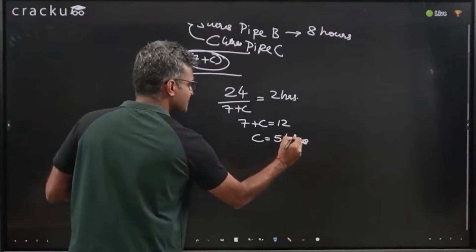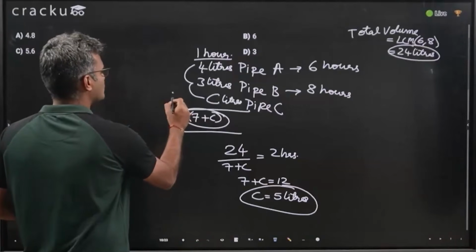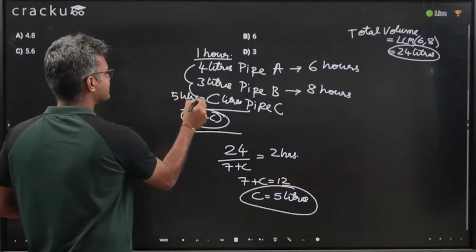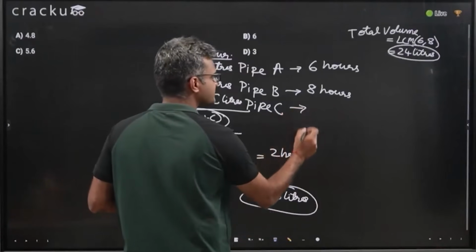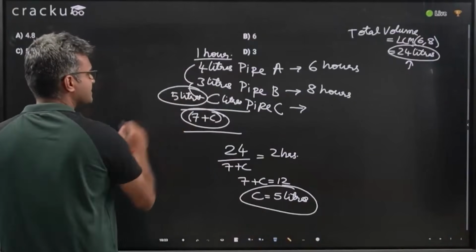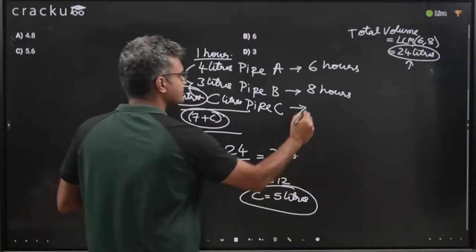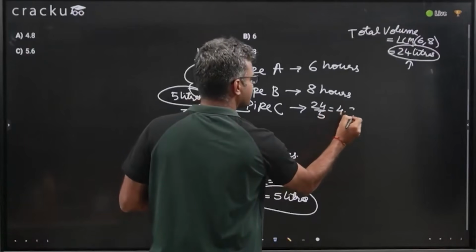So pipe C alone will fill C liters every hour. Therefore, what is the total time it takes for pipe C to fill the tank? That will be 24, which is the volume of the tank, divided by how much water is filled by pipe C every hour, which is 5, which will be 24 divided by 5, which is 4.8 hours.